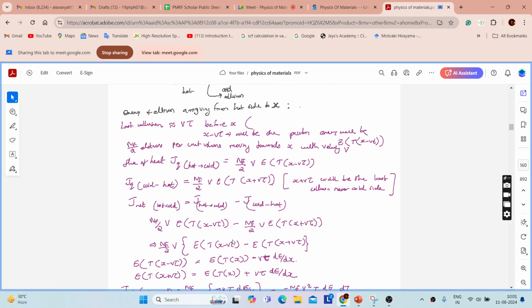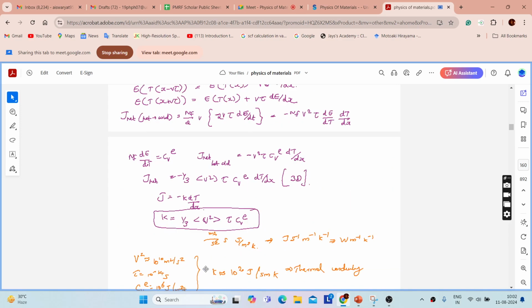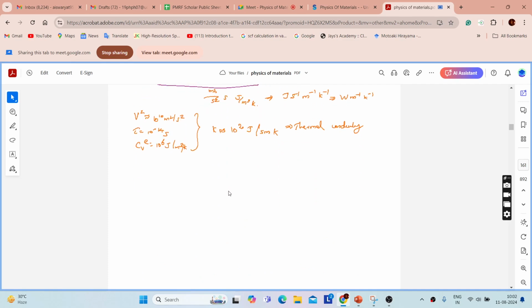These are the steps which we followed in the class. Then we can get the J value, that will be minus k dT by dx. From there we can write k equal to 1 by 3 v square tau cv, where c is nothing but the specific heat, and v square is the average velocity. Okay, so this is another formula which you have to remember for the thermal conductivity part.